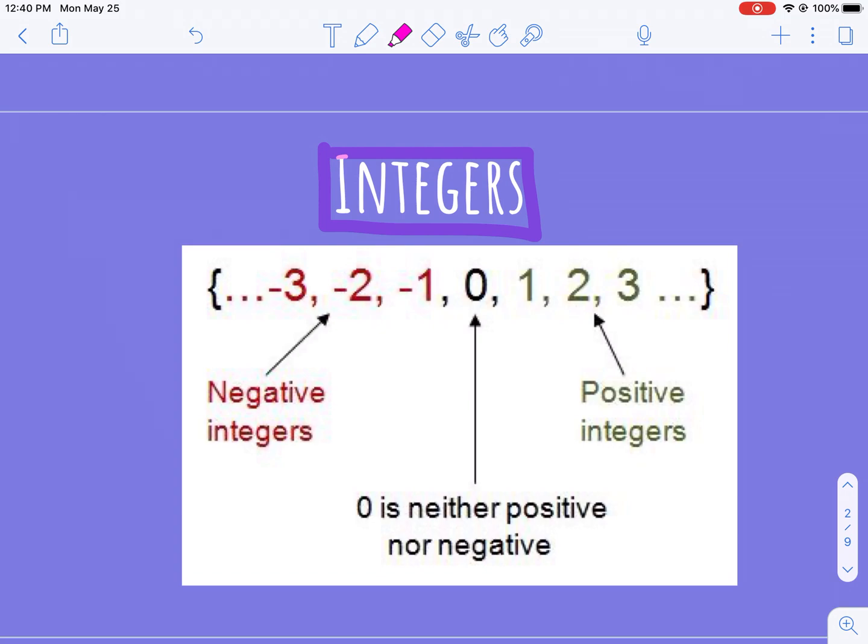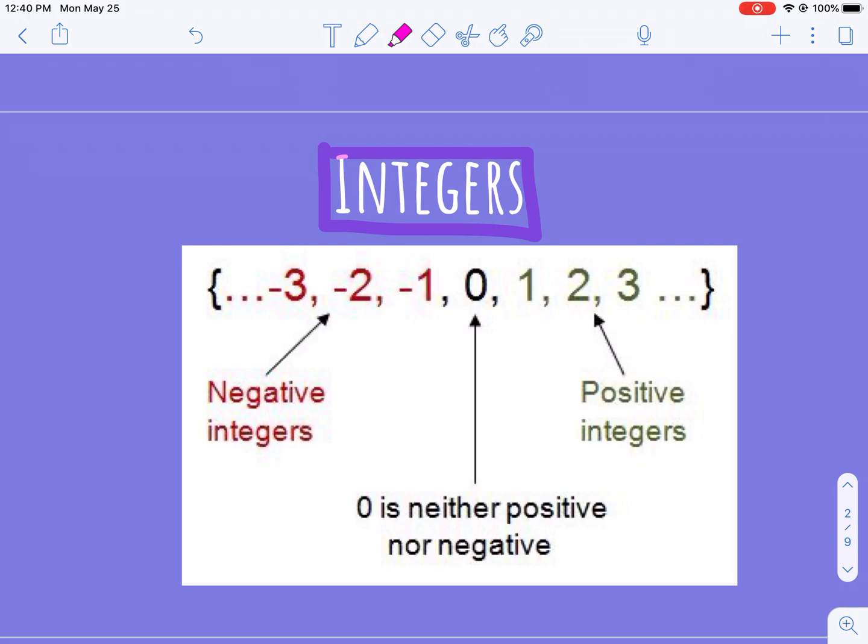But the next piece that we're adding on with integers are what we call negative numbers. Negative numbers are to the left of 0, and the further left, the smaller the value.